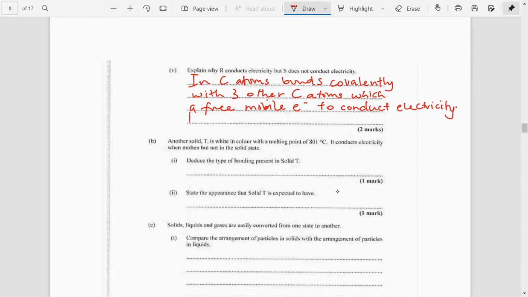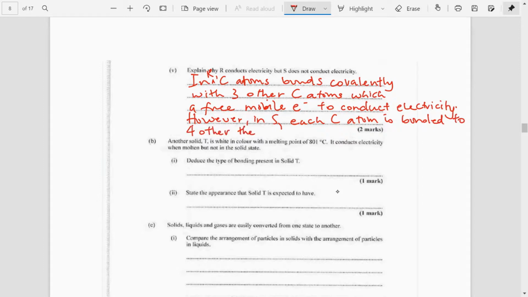However, in S, which is diamond, each carbon atom is bonded to 4 others.